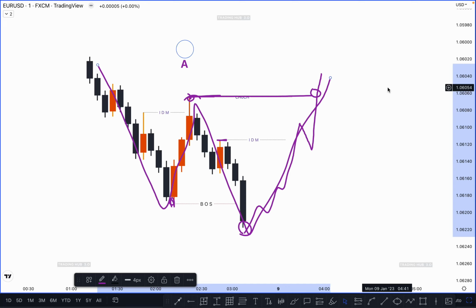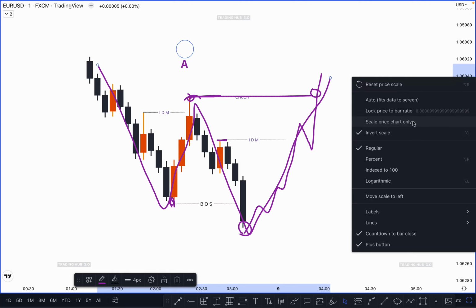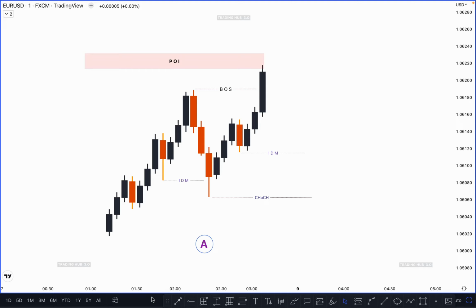Okay, this is a normal structure, but what will happen if price taps on a supply or demand zone? What will happen when price taps on a POI zone? Then where is our inducement and where is our change of character? So in this case, when price taps on a POI zone, or when the market sweeps the major high or low, or session high or low, meaning the market has taken out liquidity, and where we are looking for any buy or sell point.